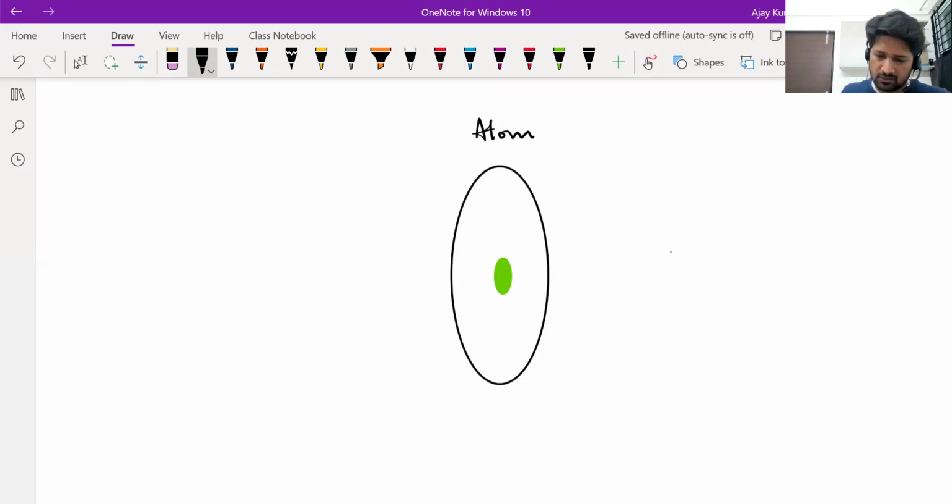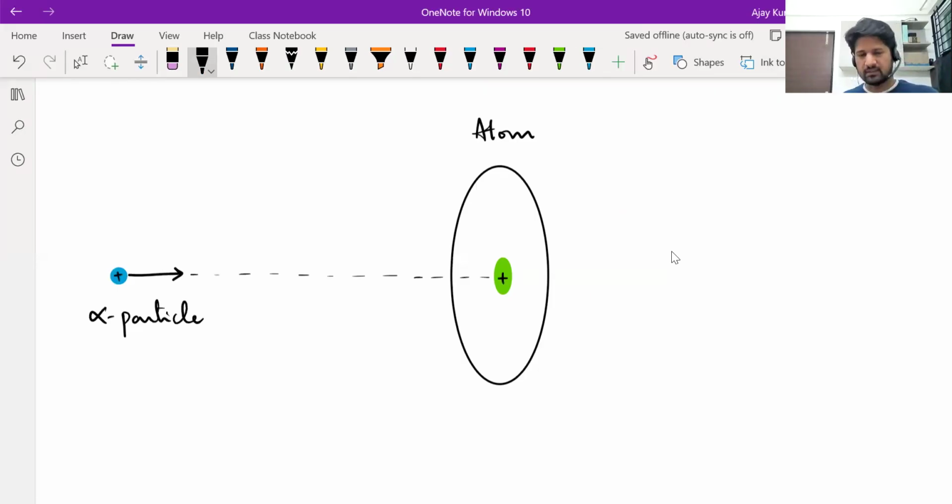Okay. So suppose this is an alpha particle. Assume it is moving to the right. If there is a positively charged object present in its path, fine, alpha particle is positively charged, that other object is also positively charged, then what will happen?